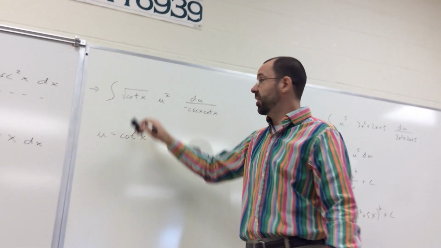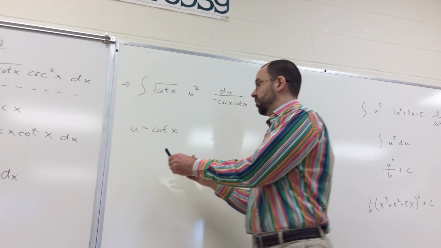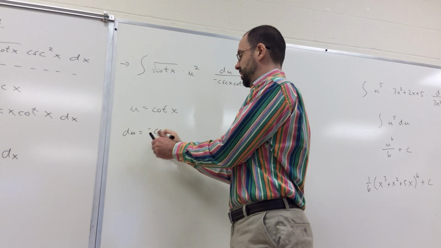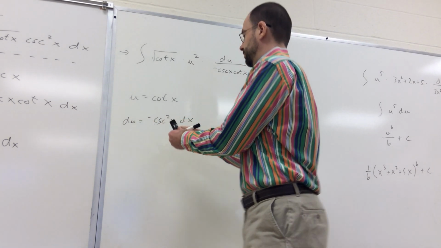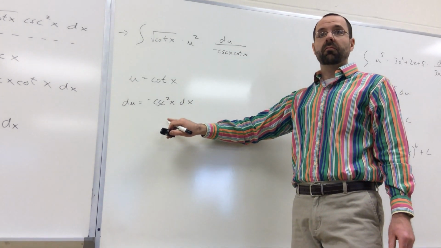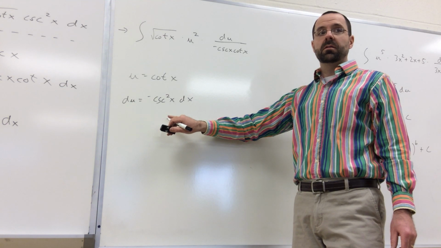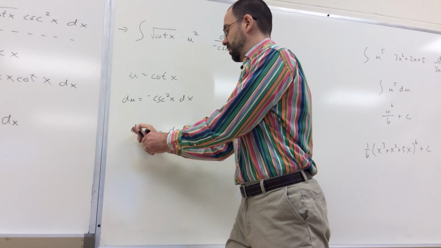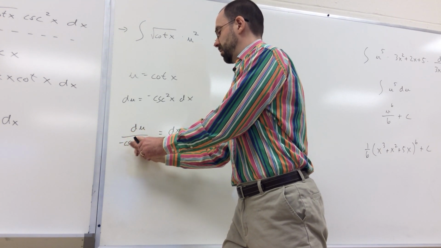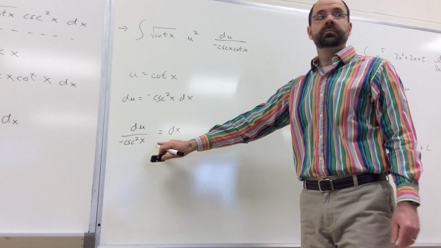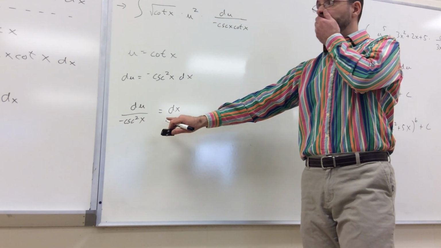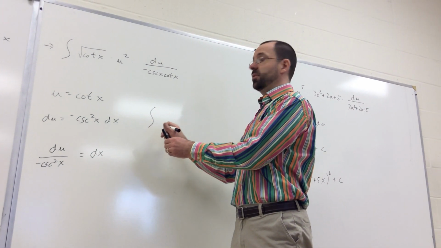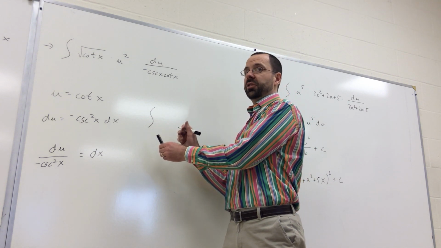Okay, so anyway, we figured out cosecant wasn't right, so now we're going to have u be cotangent, and the differential for that is negative cosecant squared. So then you divide that to the other side. So then translating again, I've got the antiderivative of the square root of cotangent.